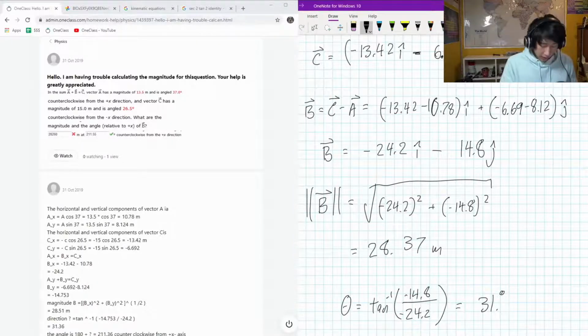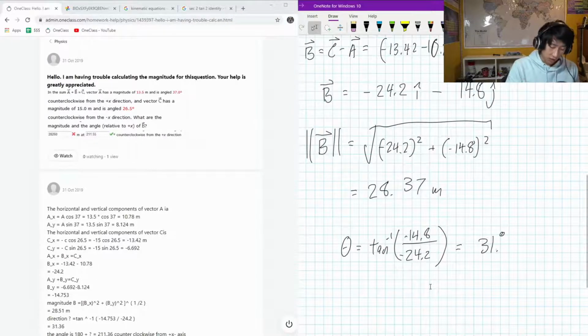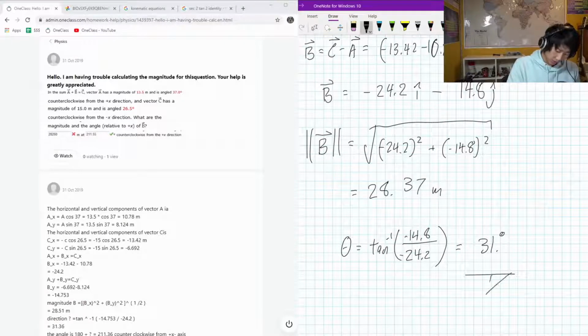And this is 31 degrees, but we know that we are going in the down left direction. So we know that this has to correspond to 31 degrees this way, which is going to correspond to 180 degrees plus 31 degrees, which is equal to 221 degrees if we are going this way.